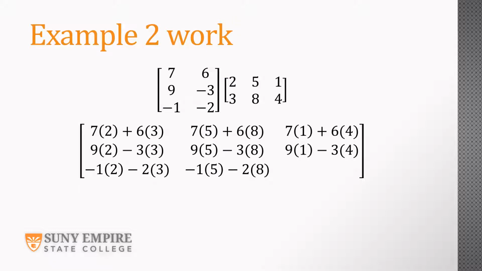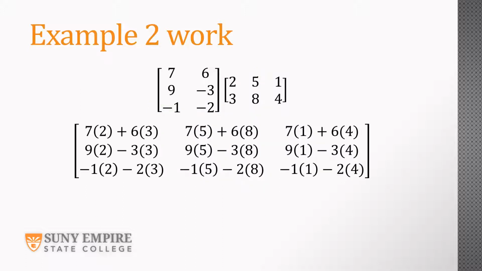We fill the bottom row middle column of the product by multiplying the bottom row of matrix B by the middle column of matrix A. We have negative 1 times 5 minus 2 times 8. We fill the bottom row rightmost column of the product by multiplying the bottom row of matrix B by the rightmost column of matrix A. We have negative 1 times 1 minus 2 times 4.